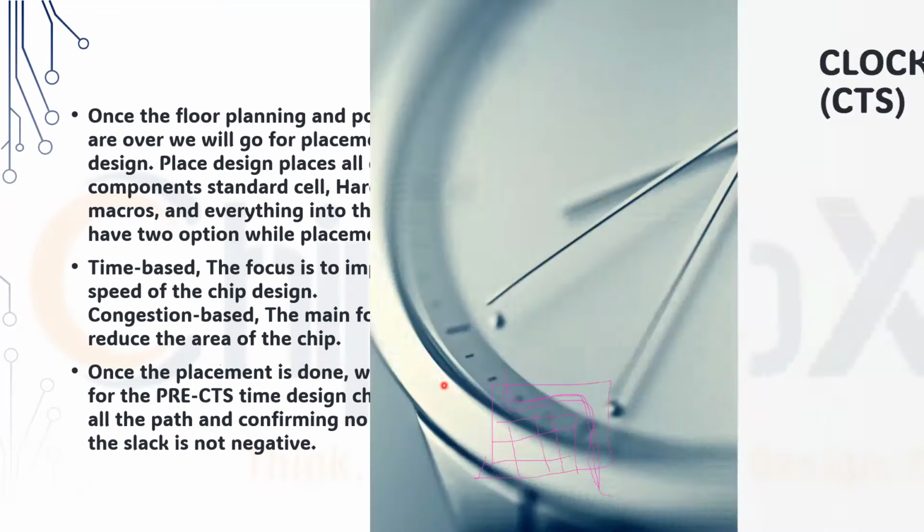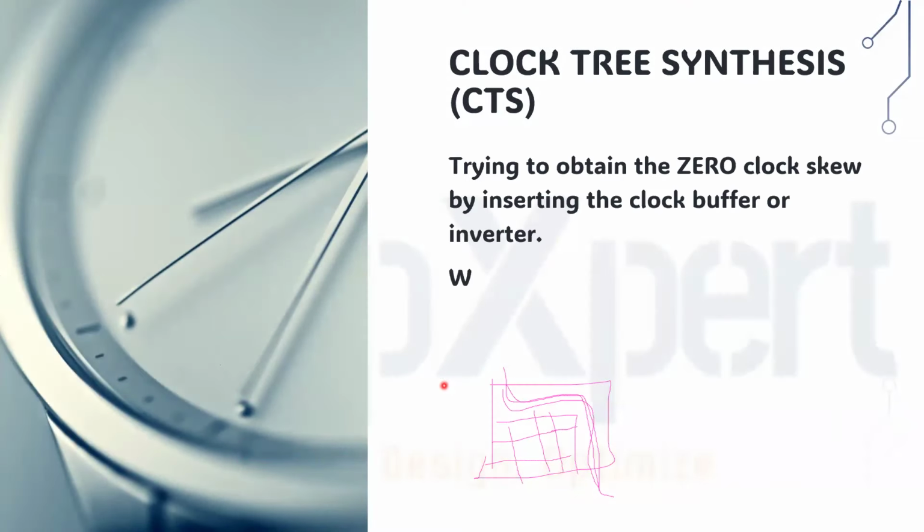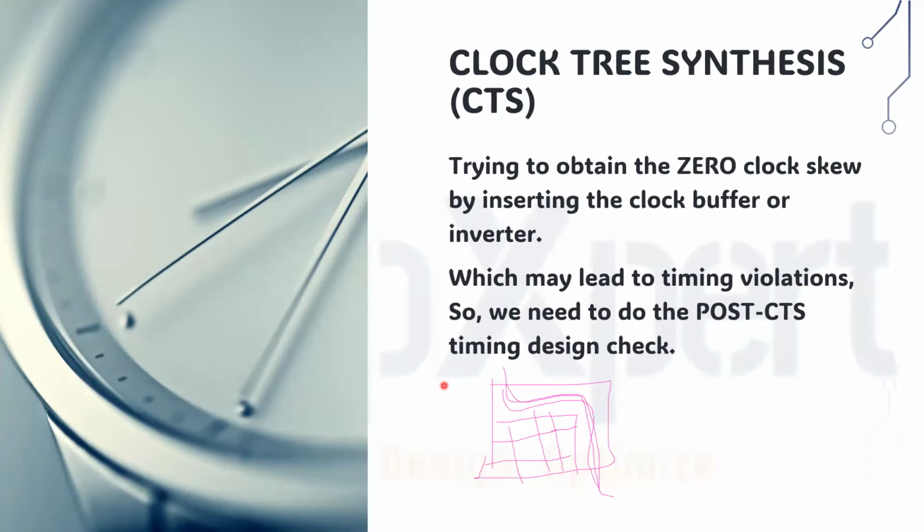After placement, the main stage is clock tree synthesis. Why clock tree? What is clock tree synthesis? Clock is like the speed. For each and every clock there is a clock input. When clock is high, the activity will be high, or it will conduct.